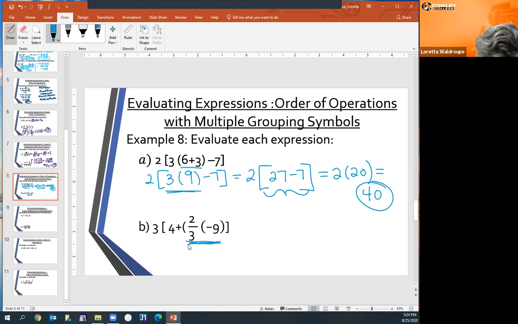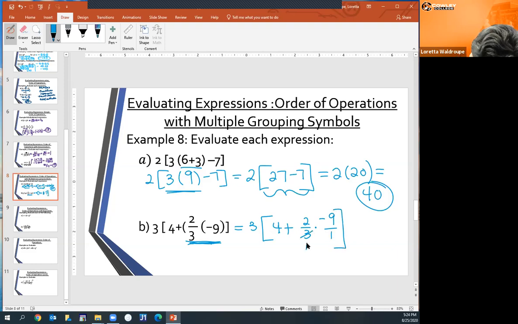2/3 times a negative 9. Okay, let's think of that like this. Yep, that's not a plus. Two over 3 times a negative 9 over 1.